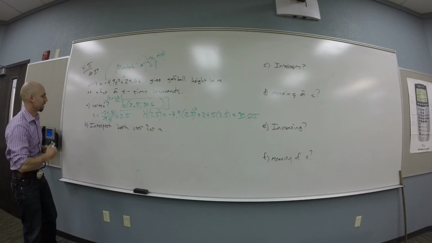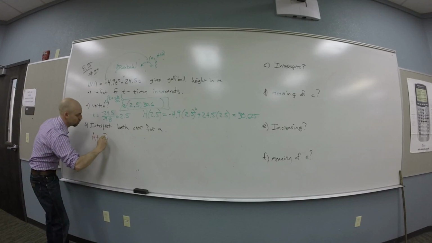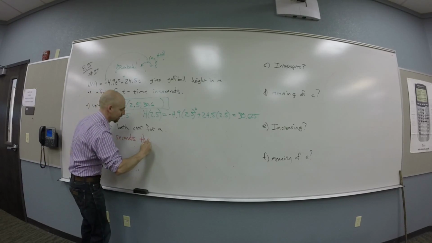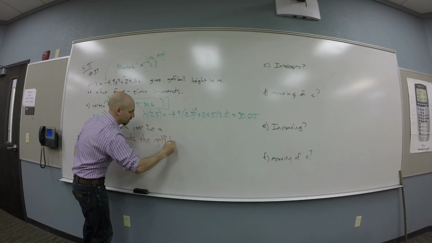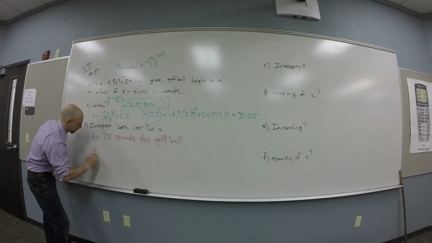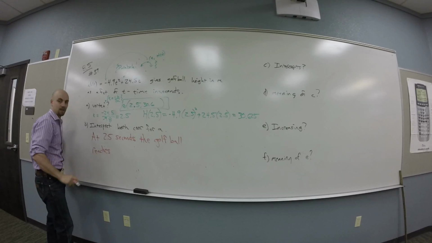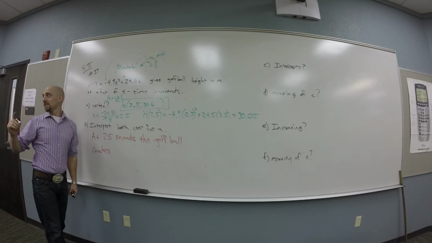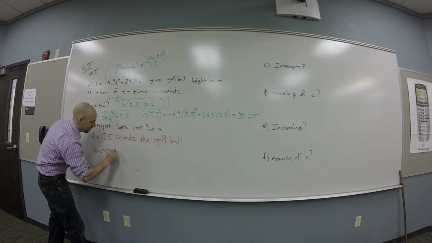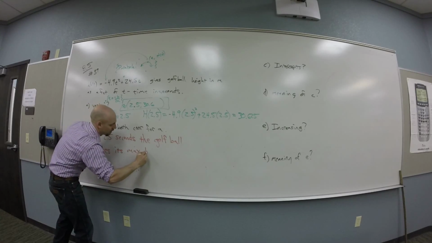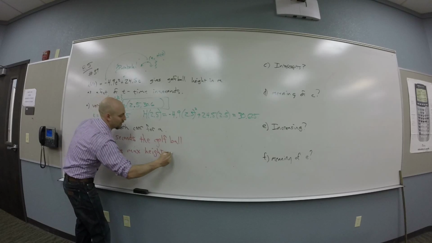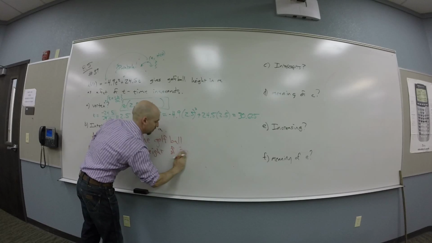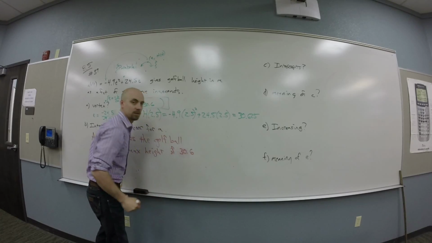So at 2.5 seconds, the golf ball reaches a height, a maximum height, of 30.6 meters.